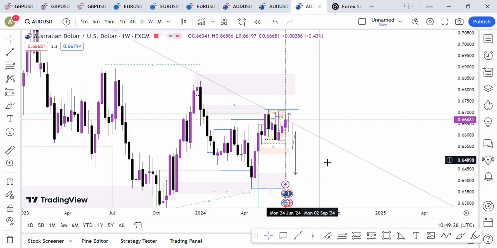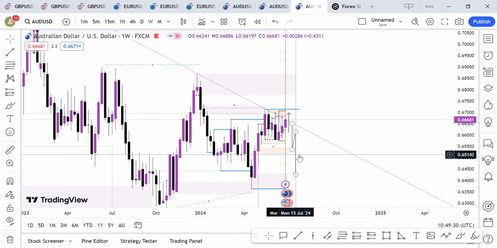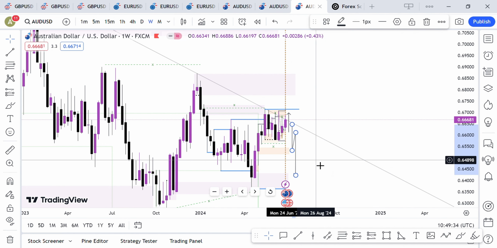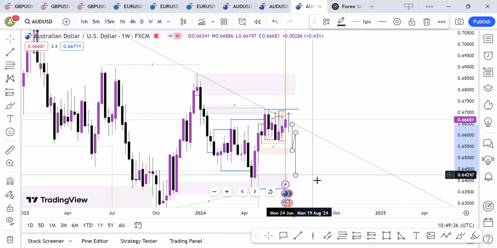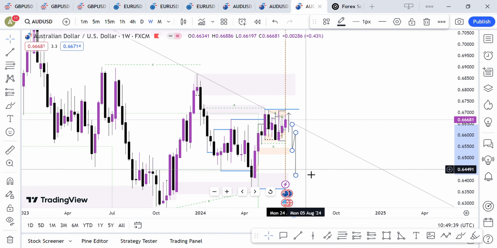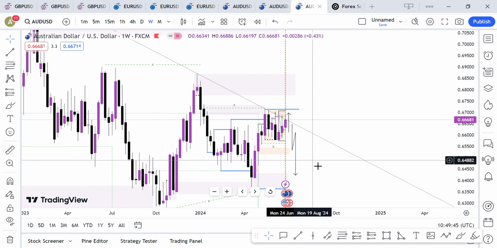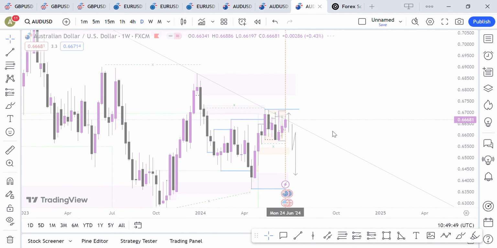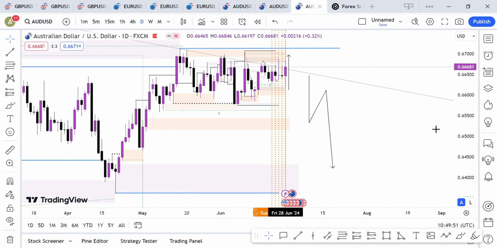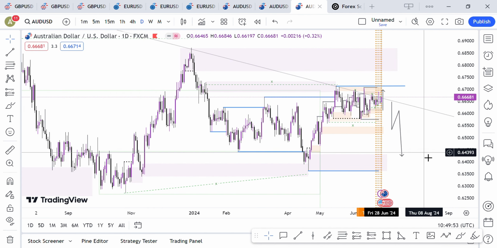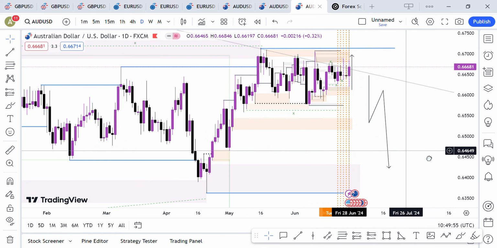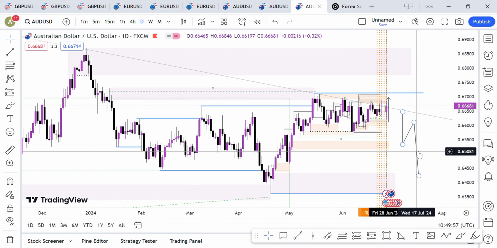Okay, so that is what I'm still waiting on for the Aussie dollar. But I obviously had this direction pointed out in my previous videos, and as you can see, price has proved to us that it won't go much lower than that. So right now it's trying to show us it's changing direction to the upside. Let's go over to the daily, and we can see that the daily is also playing the same role that we saw in the weekly.